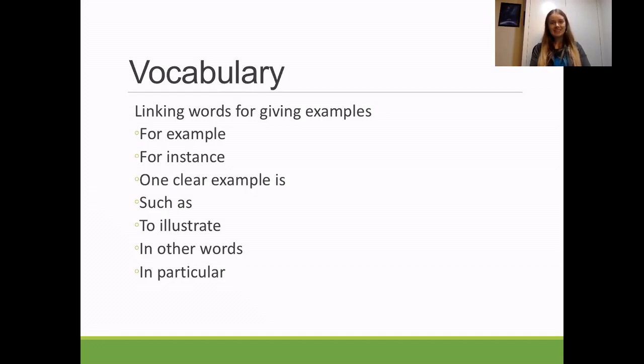So when you're giving examples in your essay, you can say, for example, or for instance, means almost the same. One clear example is, you can say such as, or to illustrate my point, in other words, or in particular. So those are a few different ways you can say some similar things.